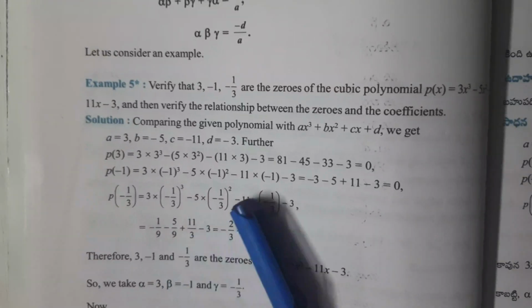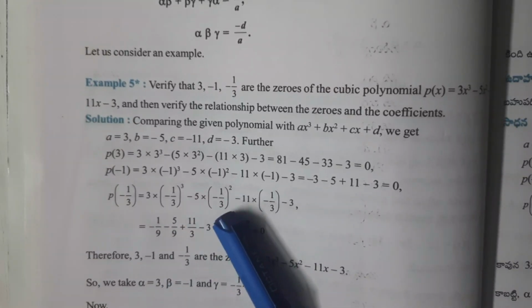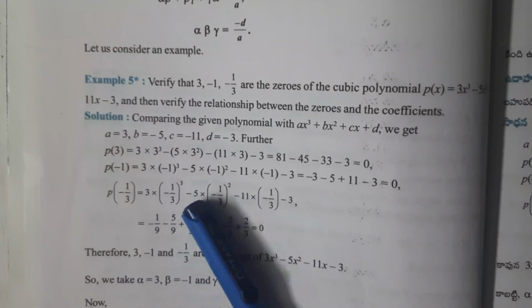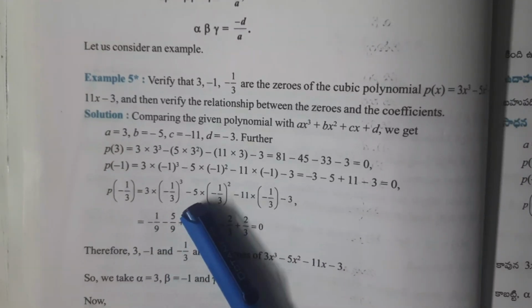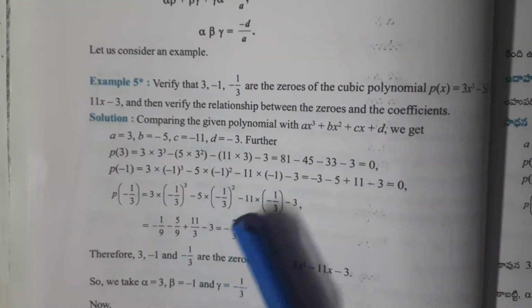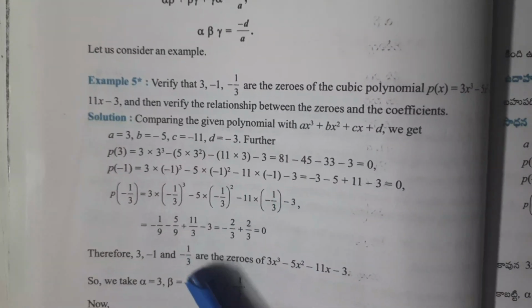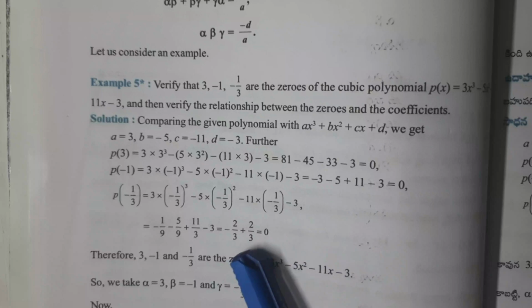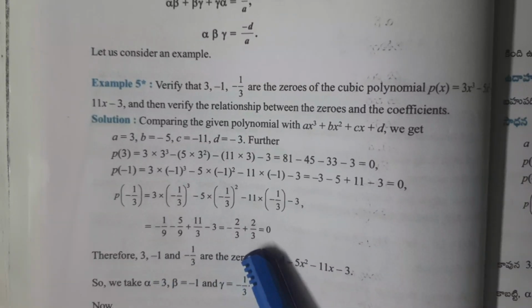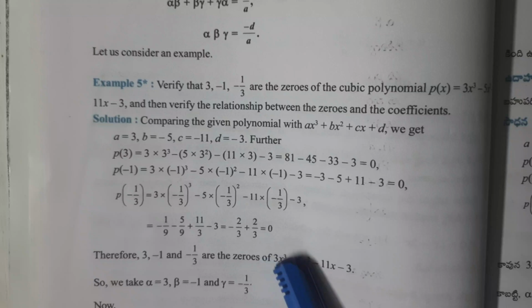Here minus 5 into minus 1 by 3 whole square will be 1 by 9, so 5 by 9, but minus is there before, that's why minus. Minus into minus gives plus 11 by 3. Here minus 3 last. So do the LCM, and you will get minus 2 by 3 and plus 2 by 3, and the value is equal to 0.